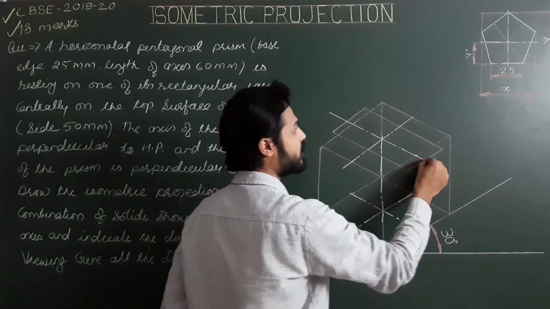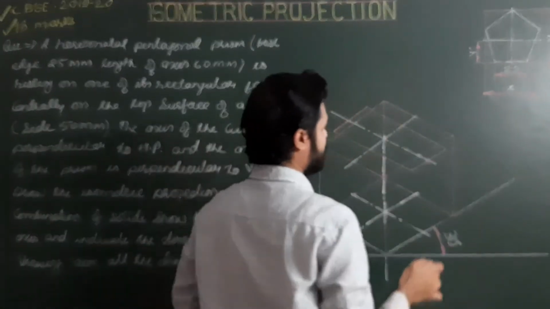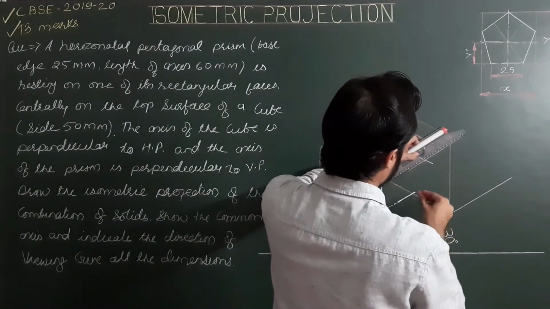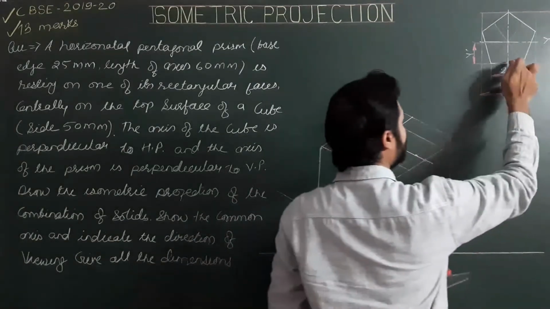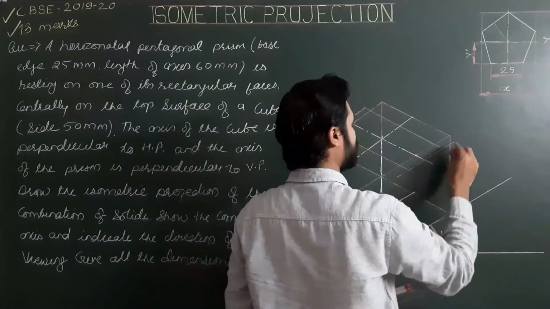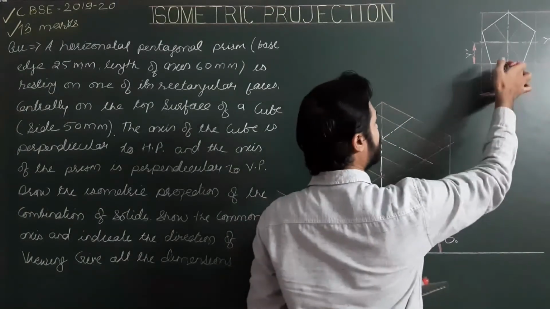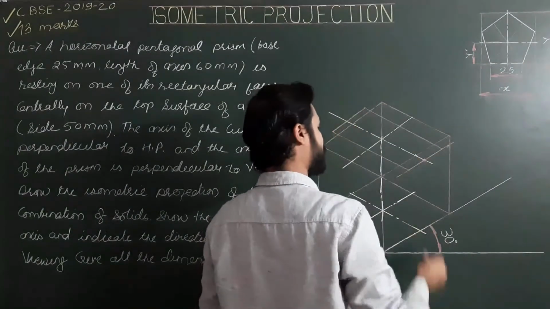Now, from this point, this is the length. So, extending this line first. And from this point, this is the distance. From this point, this is the distance.